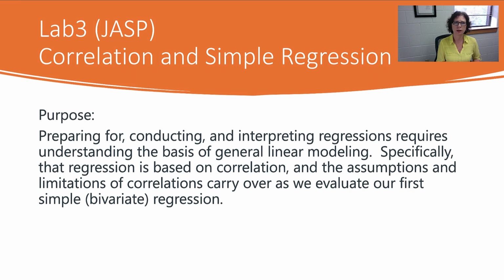So our goals here are building some skills to prepare for conducting regressions. And it requires an understanding of the basics of general linear modeling, specifically that regression is based on correlation. And those assumptions and limitations of correlations carry over as we start evaluating our first simple, or one predictor, one outcome, bivariate regression.